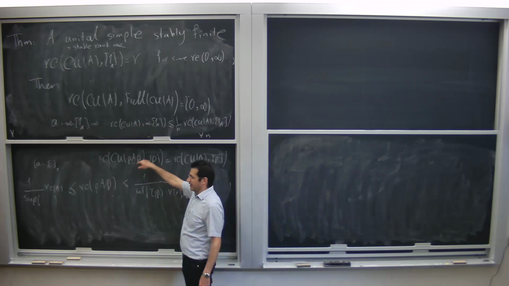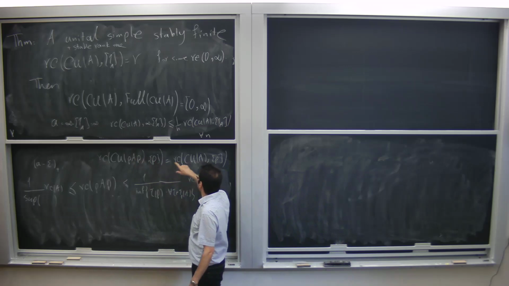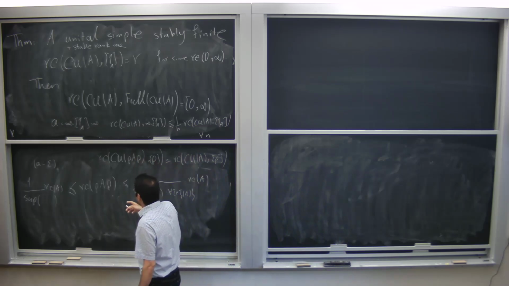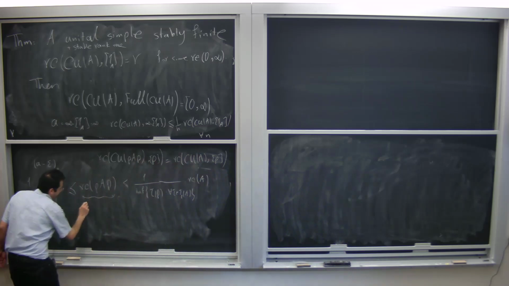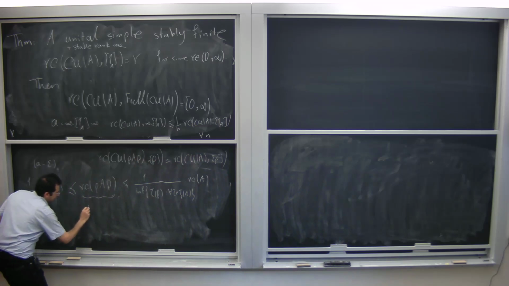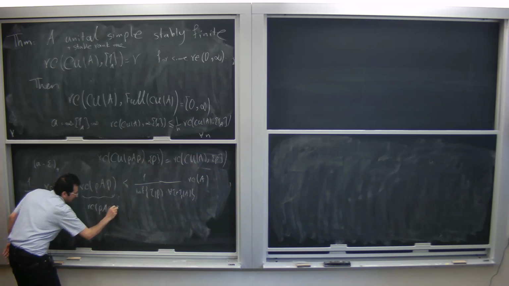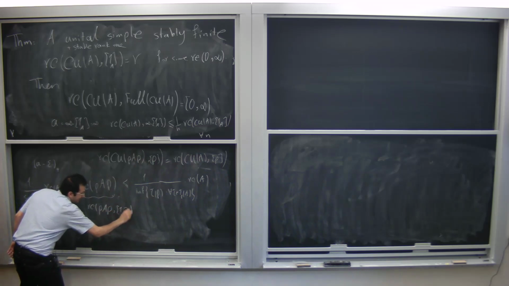RC of the full corner with respect to P is equal to RC of A with respect to this. But here, maybe I can translate this one. This notation here means RC of PAP with respect to identity. Yes, that's how I interpreted it.